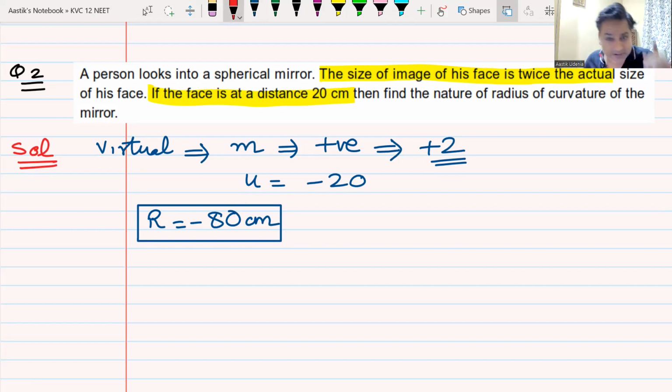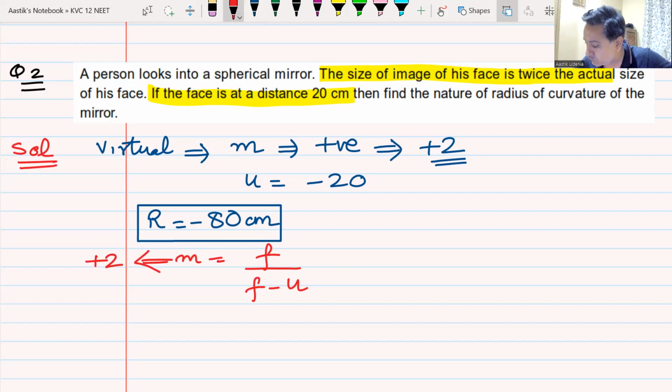Which formula do we need to apply again? The famous formula: m is equal to f upon f minus u. The value of m, as you can see, is +2. The value of u, as you can see, is -20.